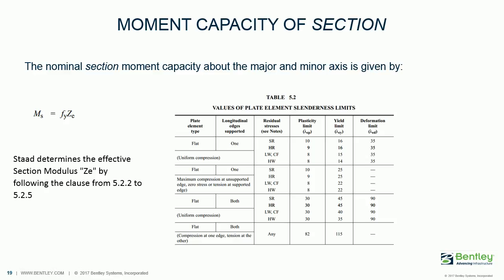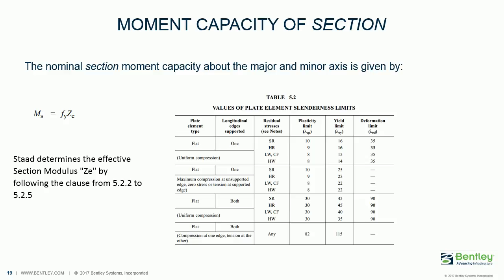Now, this Ms value, that is the nominal section moment capacity about the major or the minor axis, is the product of the yield stress Fy multiplied by Ze. Ze plays a very important and pivotal role here. That is the effective section modulus.